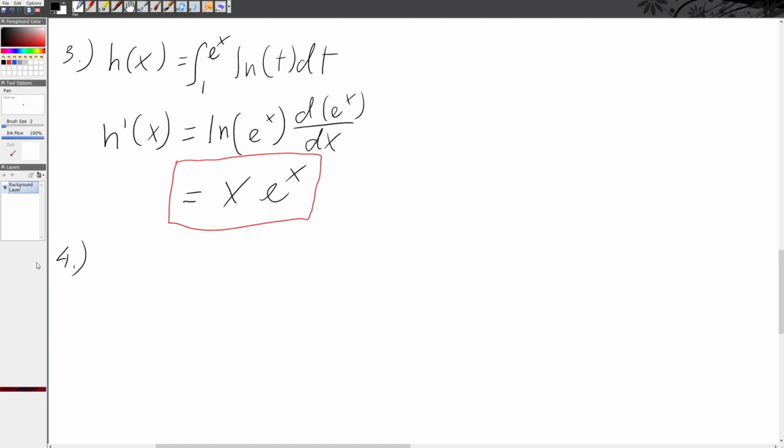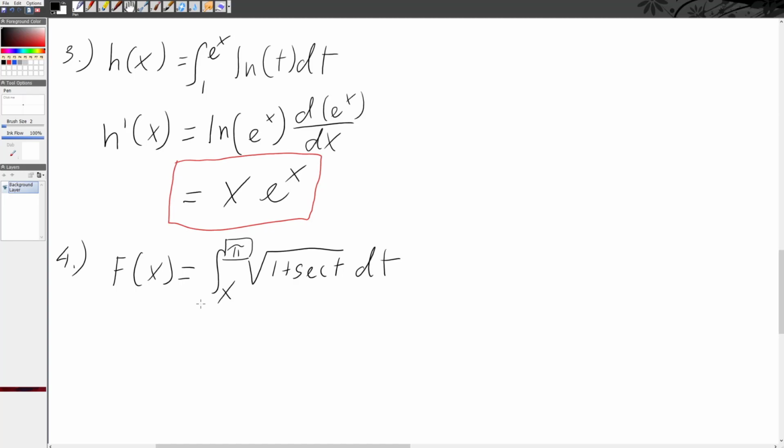For this next problem, we will have to apply some properties of integrals to be able to solve the problem. The function is f of x equals the integral from x to pi of the square root of 1 plus secant t dt. The fundamental theorem of calculus states what happens when the upper limit of integration is x, not a constant.